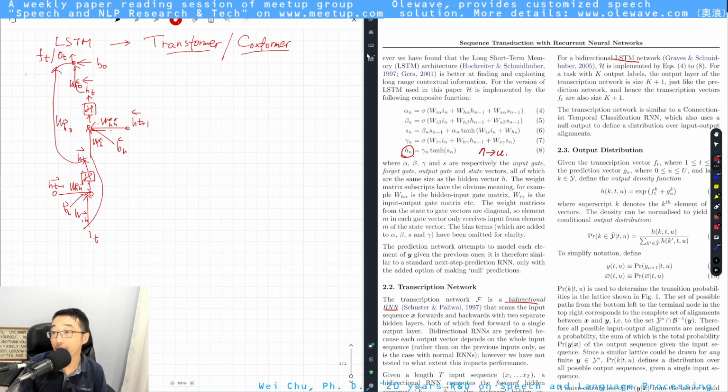And he talked about the output distribution. Finally, he got a prediction vector g at every time u, and he also got the transcription vector at time t. Remember, this is a vector, so its size is K plus 1.